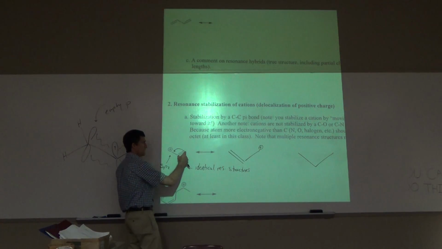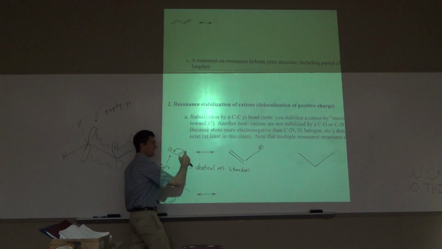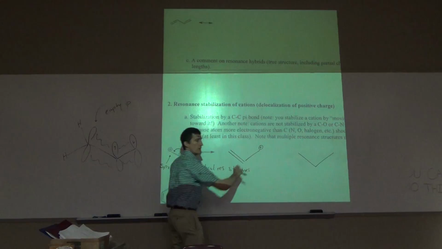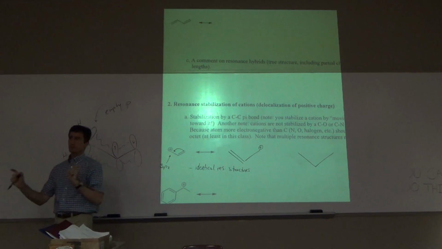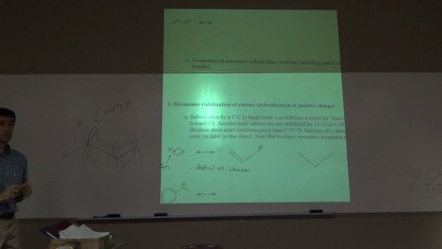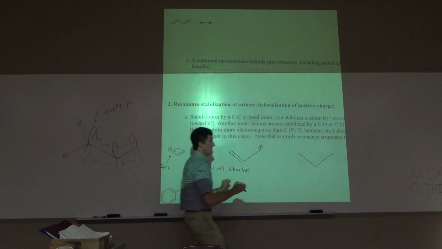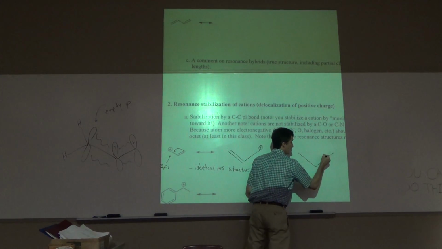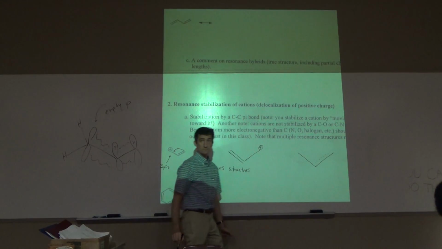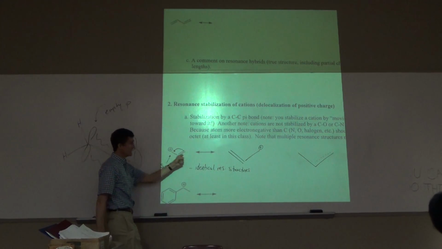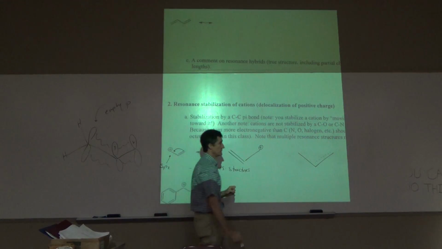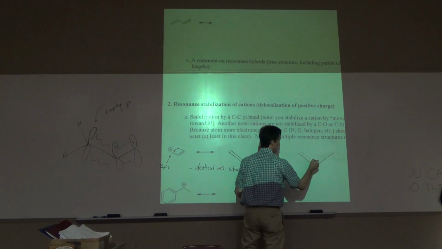Between these carbons over here, you have double bond and single bond. What's the blend of a double and a single, or average? 1.5. The average of a double and a single is 1.5. So it's like 1 and then a half. What's the average of a single and a double? 1.5.